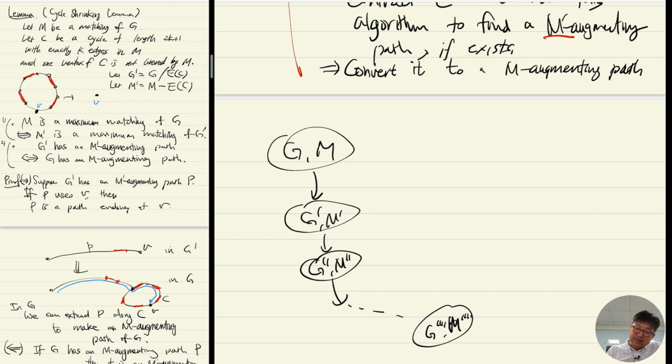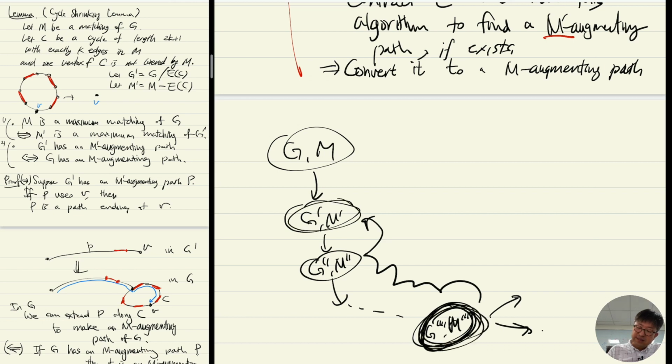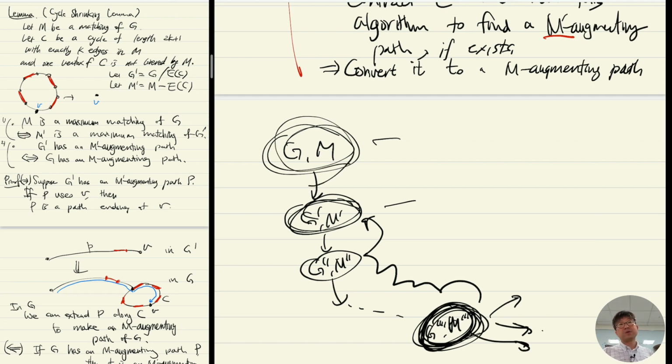And when it stops, it will give me an augmenting path, or says, oh, there's no augmenting path. And then you go back and back and back, and they will be converted back. So if this says that there's an augmenting path, then this will find an augmenting path. If this says that there's no augmenting path, then by our lemma, this doesn't have an augmenting path.